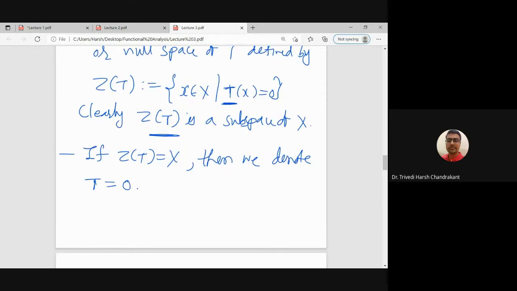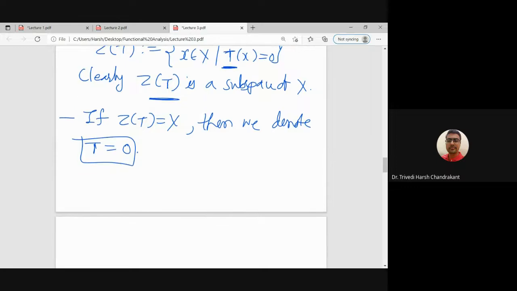So that means it is a zero function, identically zero function. And then we know certain results in terms of injectivity of a linear map and kernel. So it is easy to verify.